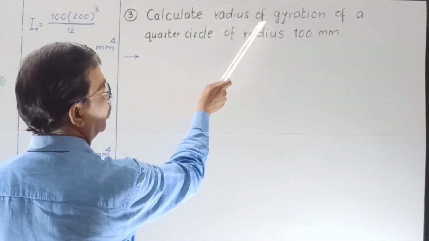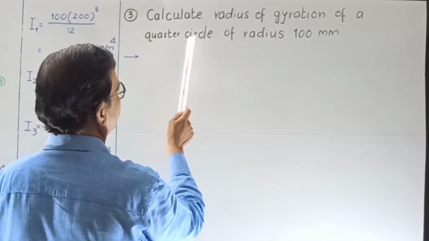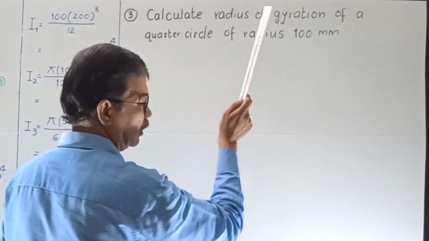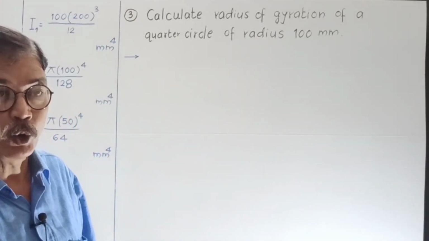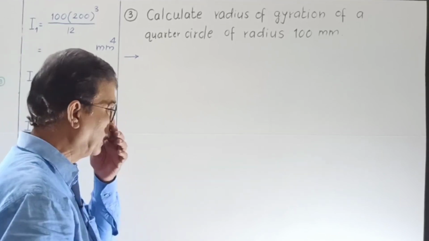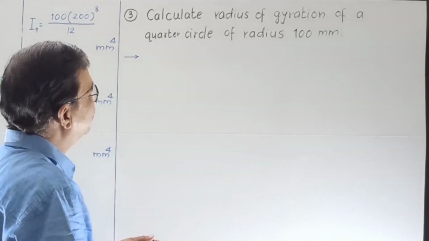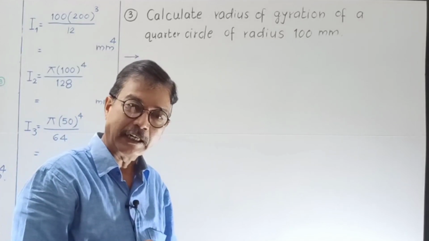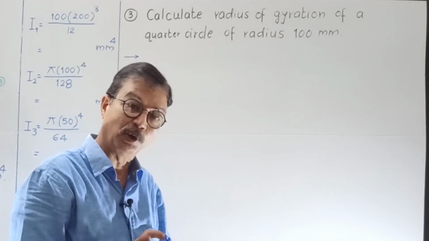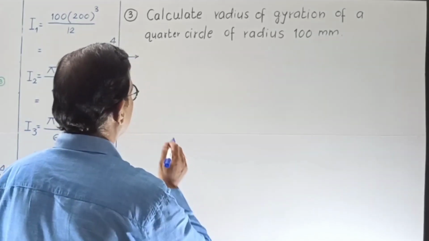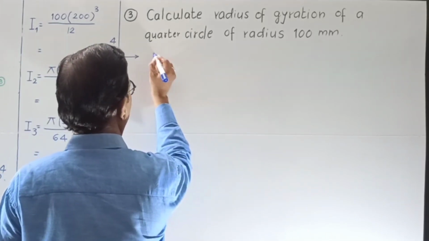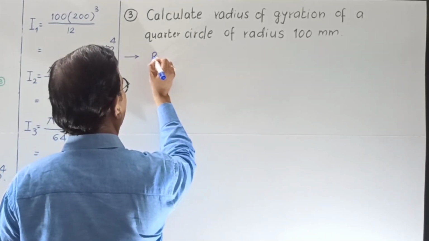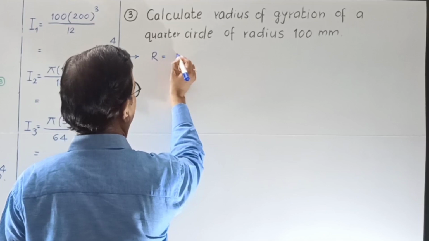Calculate the radius of gyration of a quarter circle of radius 100 mm. We have to calculate the radius of gyration, and we know that for this we have to know the value of moment of inertia.